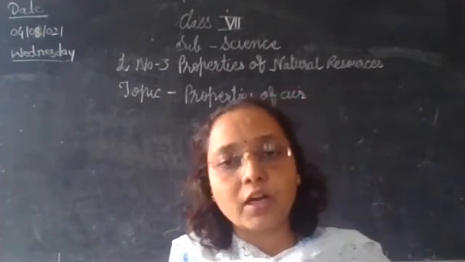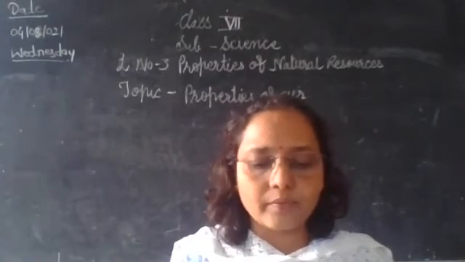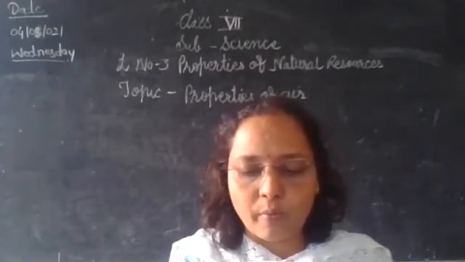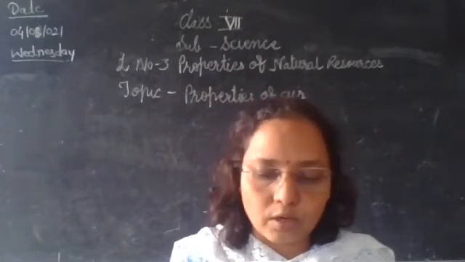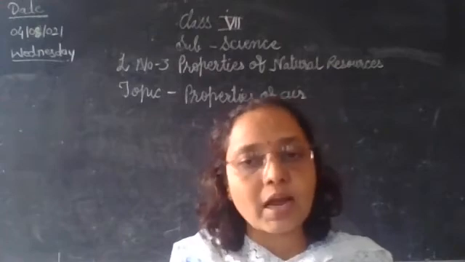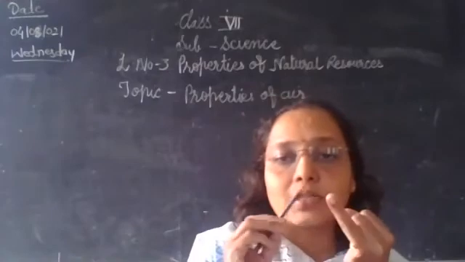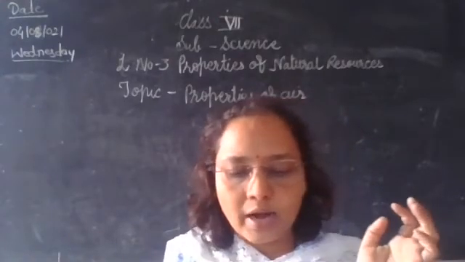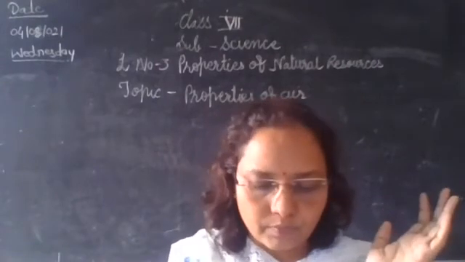So we come to know from these two activities that air has properties like occupying space and having a certain volume. So having mass and weight. So these are the properties of air. Air has mass, air has weight, air occupies space, and so these are the properties of air.